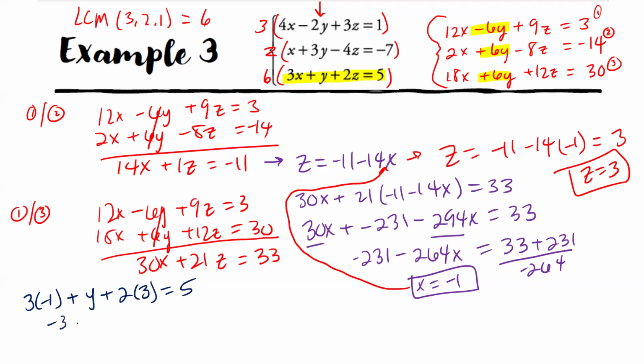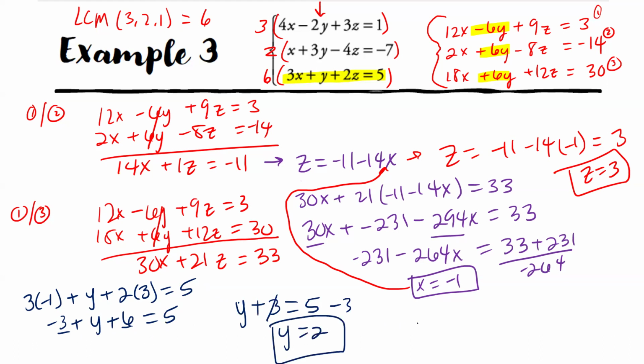So we have negative 3 plus y plus 6 equals 5. Combine negative 3 and 6, and we get positive 3. So now we have y plus 3 equals 5. Subtract 3, and then we get y equals 2.